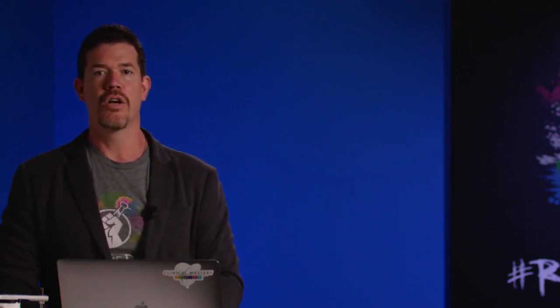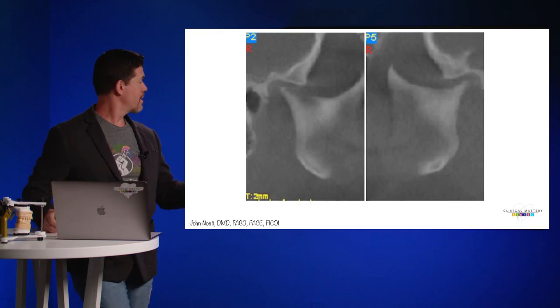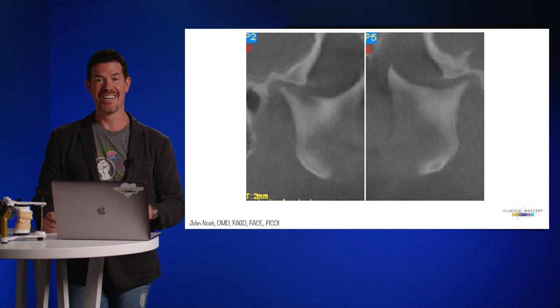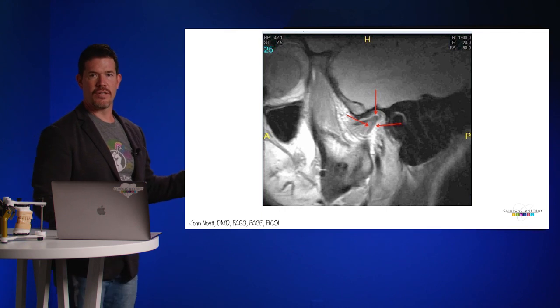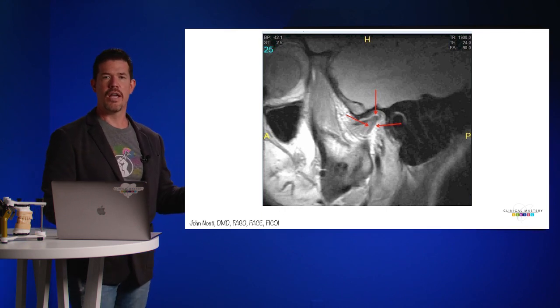Now, if we look at her condyles on a CBCT, we can see that that does not look normal. On a magnetic resonance imaging, which is an MRI, we can see something that's very concerning to us. And in this position, I have outlined where Kim's condyles are, and we know that bone should never be radiolucent.